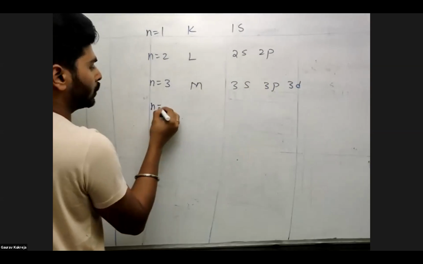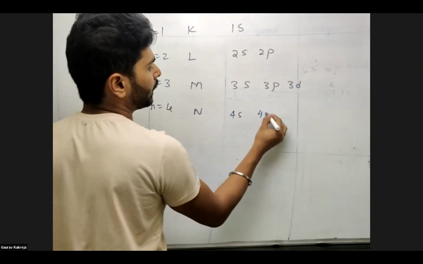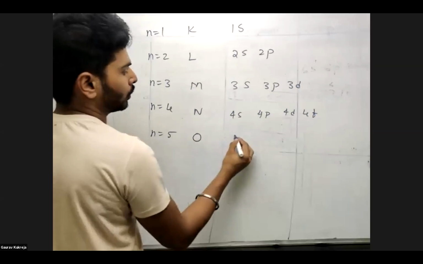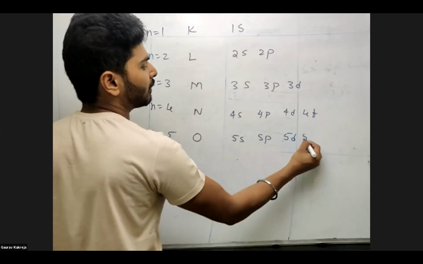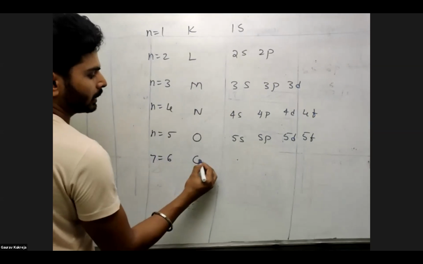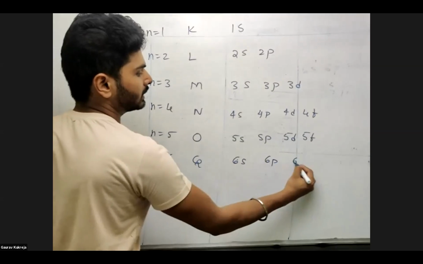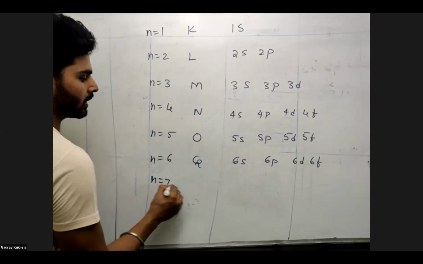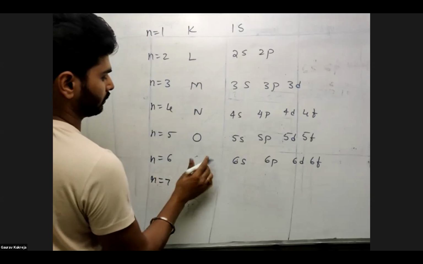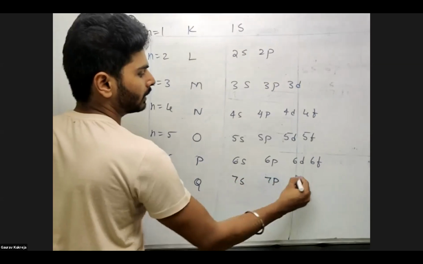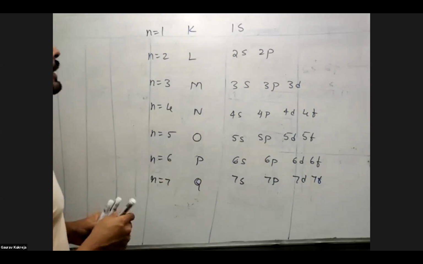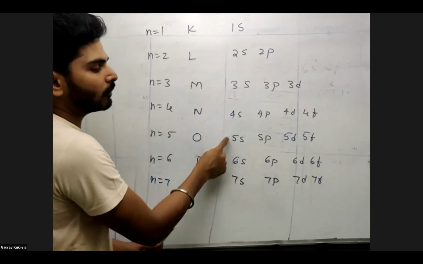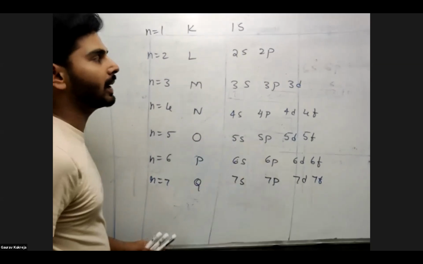These are subshells. n equal to 4, N, 4s, 4p, 4d, 4f. n equal to 5, O, 5s, 5p, 5d, 5f. n equal to 6, P, 6s, 6p, 6d, and 6f. n equal to 7, Q, 7s, 7p, 7d, 7f. So you can see one subshell, two subshells, three subshells, four subshells. Then thereafter the number of subshells will remain the same.